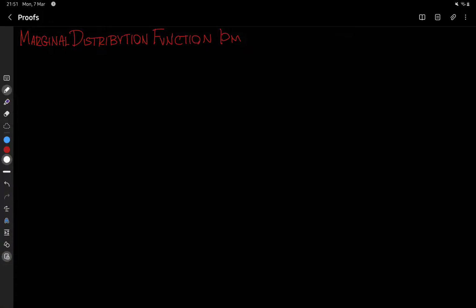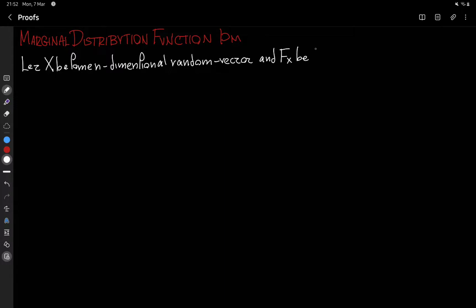Today we're going to be looking at the marginal distribution function theorem. So what's the claim? The claim is: let X be some n-dimensional random vector and F_X be the associated distribution function.